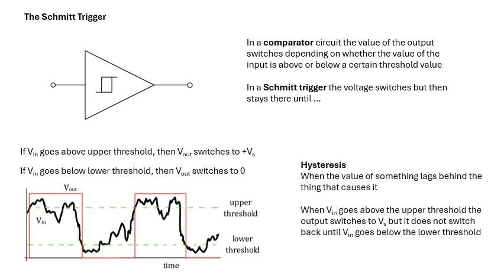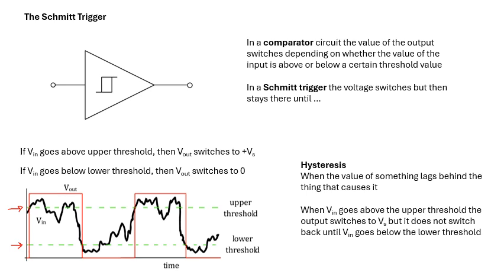If you look at this, if V in goes above the upper threshold, which is there, then it switches on and the output is equal to the supply voltage, Vs. But then if it goes below the lower threshold, which is there, then it switches off. So even if it goes below the upper threshold, nothing happens until it goes below the lower threshold. And we say that what we've done is we've introduced hysteresis.